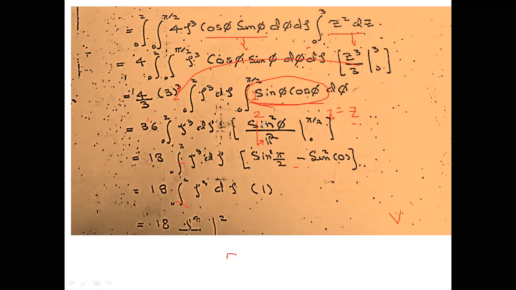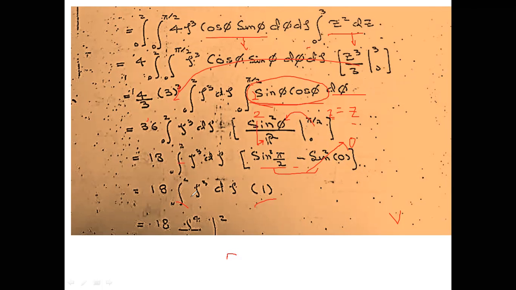Now applying the integration and the limits: sine square pi by 2 minus sine square 0. This is the formula 2 sine theta cos theta. Now finding the values by using the calculator, this is 0, this is 1, so we will have 1.